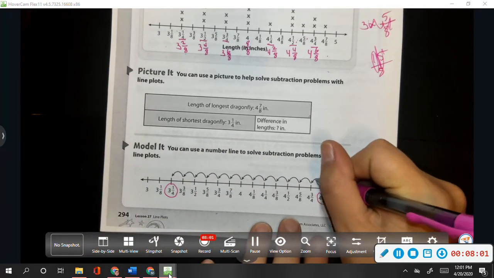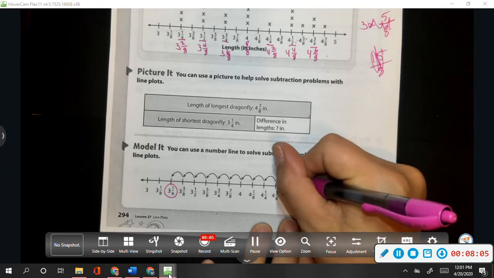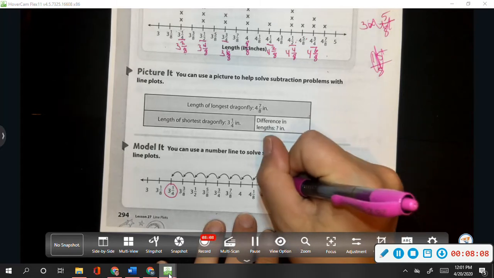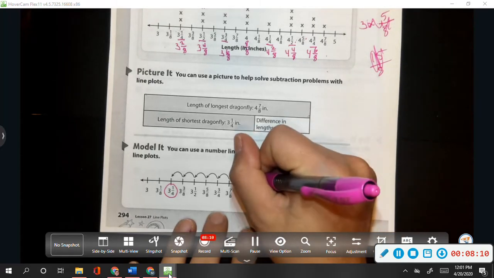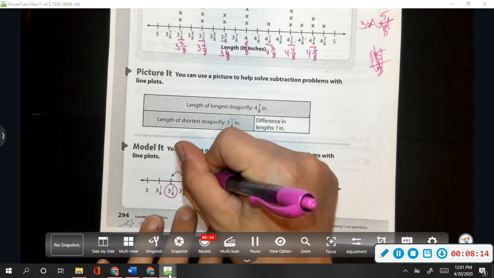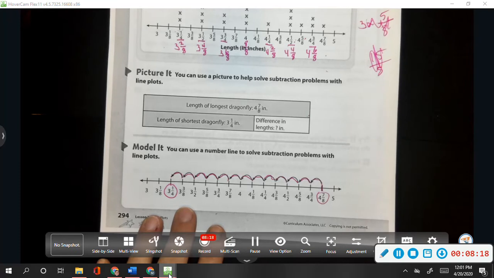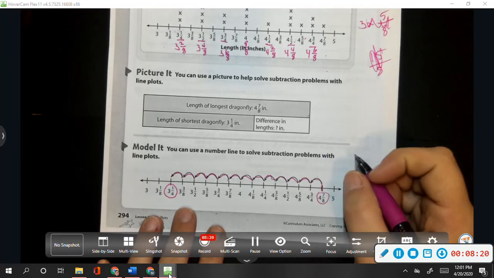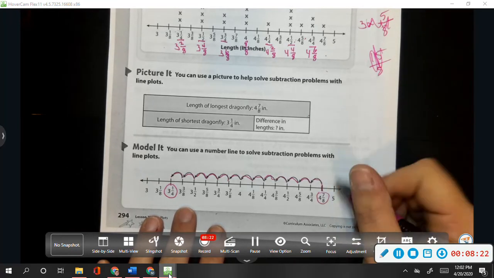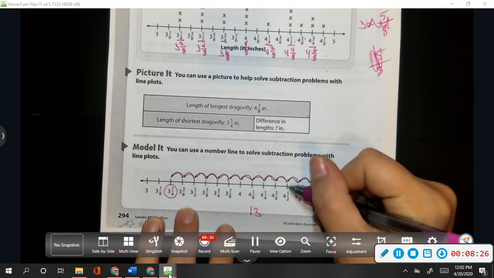So we had 1, 2, 3, 4, 5, 6, 7, 8, 9, 10, 11, 12, 13 spaces. Well, how much is each of these spaces worth?